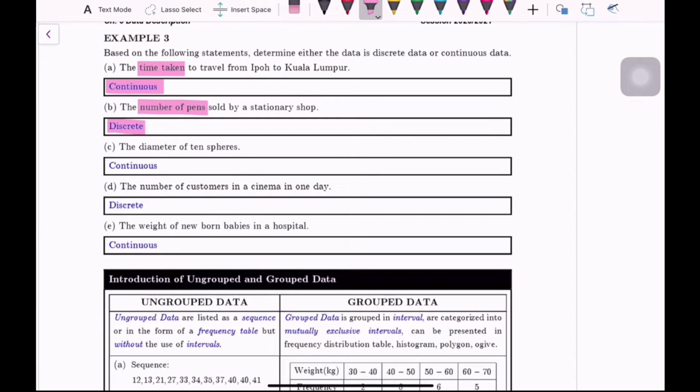The diameter of the 10 spears is continuous data. The number of customers in a cinema in one day is discrete data, and the weight of newborn babies in a hospital is continuous data.